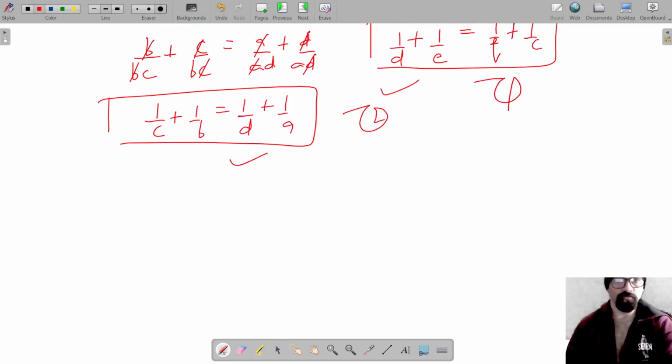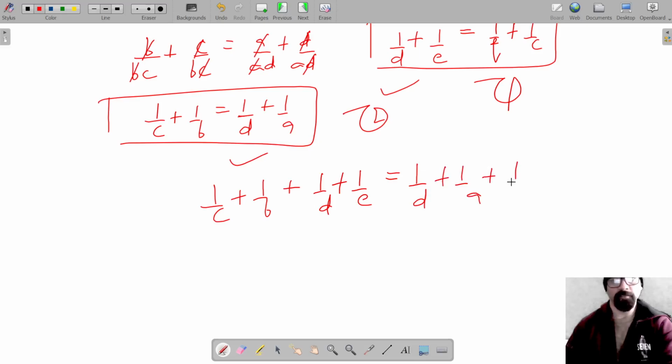So adding these two will give me 1 by C plus 1 by B plus 1 by D plus 1 by E is equal to 1 by D plus 1 by A plus 1 by F plus 1 by C. Now, we can cancel these two, and this gets cancelled.